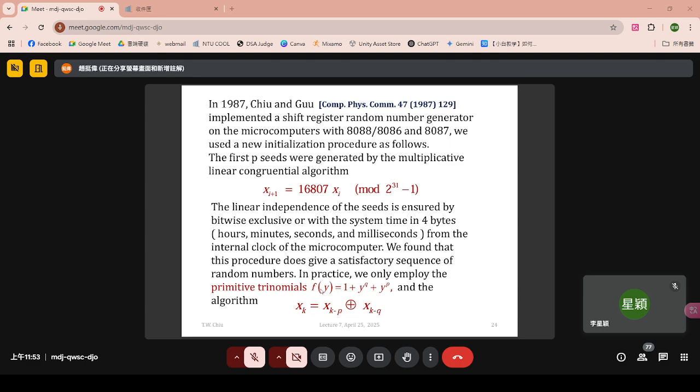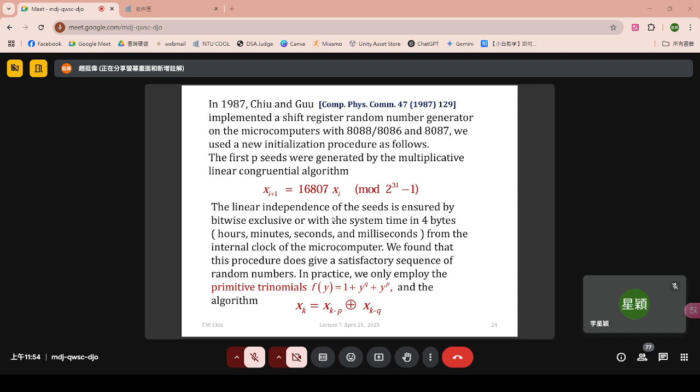In 1987, my student and I implemented this shift-based random number generator on the microcomputer, at that time the Intel 8086 and 8088 with the 8087 coprocessor. We used a new initialization procedure. First, I generate the first P bits by this multiplicative linear congruential algorithm.